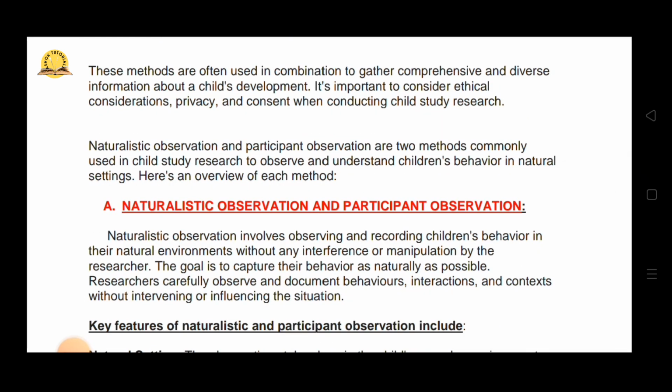Now let us see, these methods are often used in combination to gather comprehensive and diverse information about a child's development. It's important to consider ethical considerations, privacy and consent when conducting child study research. So here they are saying that just because you need to do research about a child, it does not mean that you will hamper his or her privacy. It should be according to the will of the child or the will of the learner.